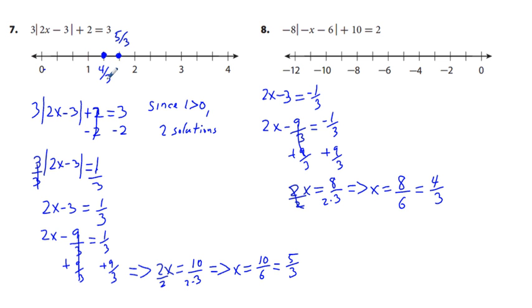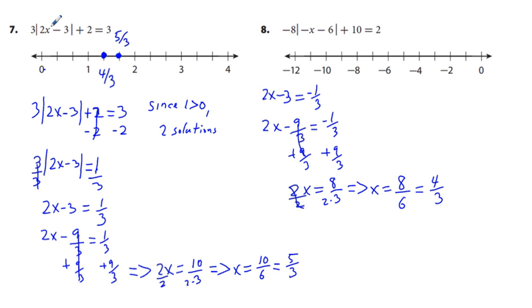And we can just test these out pretty quickly. If we plug in 5/3, we're going to get 2 times 5/3, which is going to be 10/3. Absolute value.